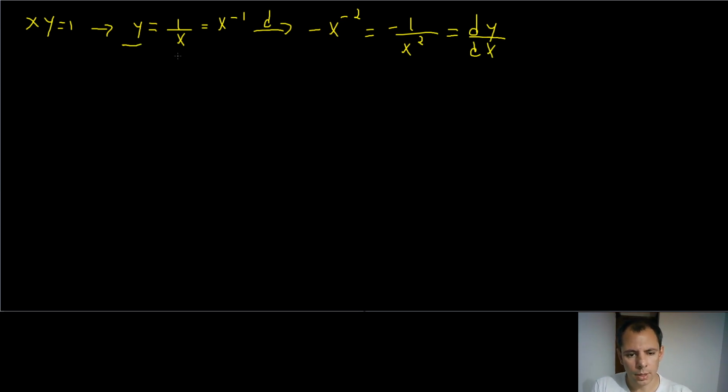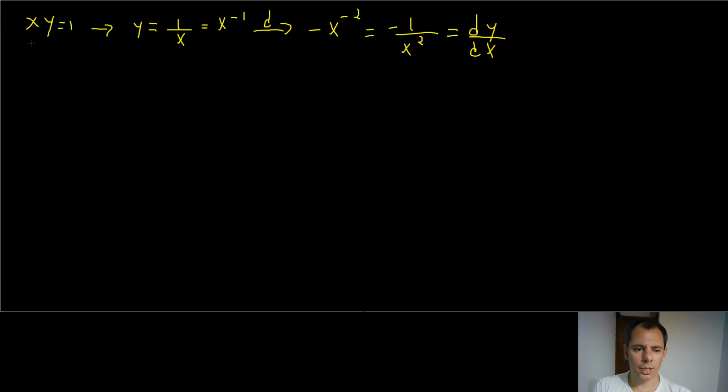Now, in implicit differentiation, you don't have to isolate the y. You want to differentiate everything here with respect to x. But y is a function of x.